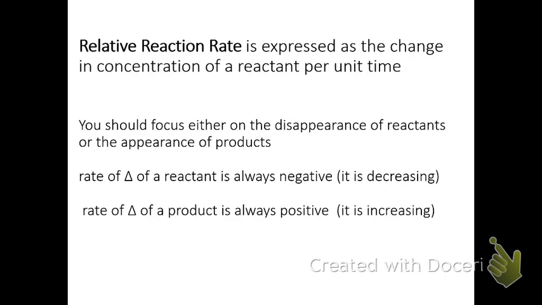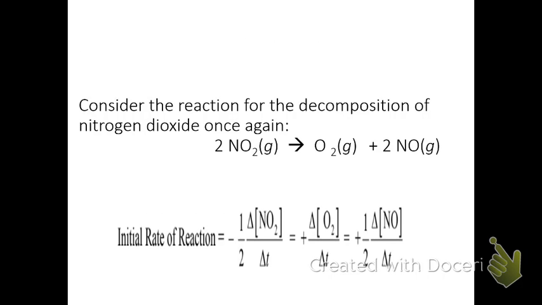Our relative reaction rate is expressed as the change in concentration versus unit time. You should focus either on the disappearance of reactants or the appearance of products, okay? And again, the rate of change of a reactant is always going to be negative because it's decreasing, and the product is going to be positive because it's increasing. So we consider this reaction for the decomposition of nitrogen dioxide, and this is what that rate would look like.